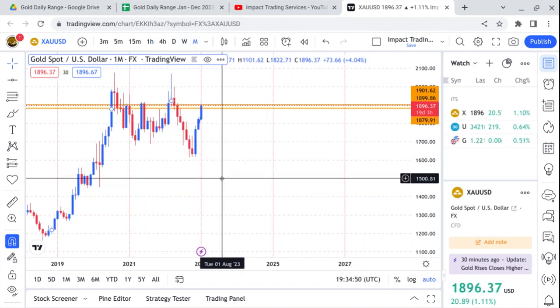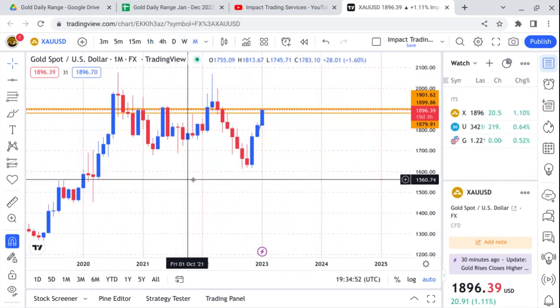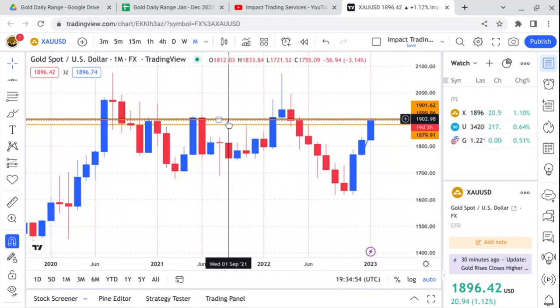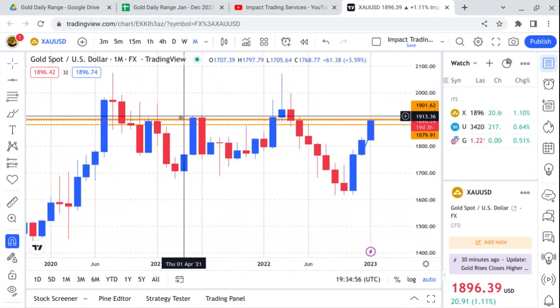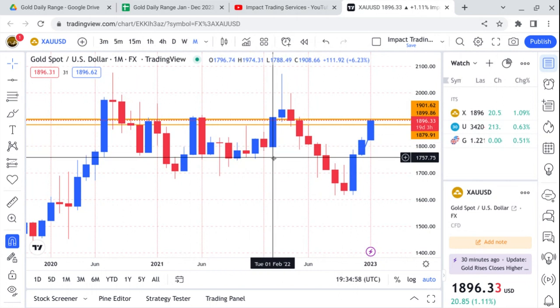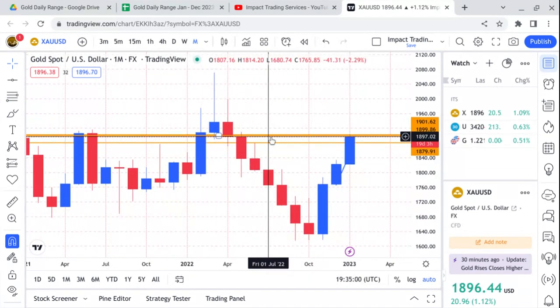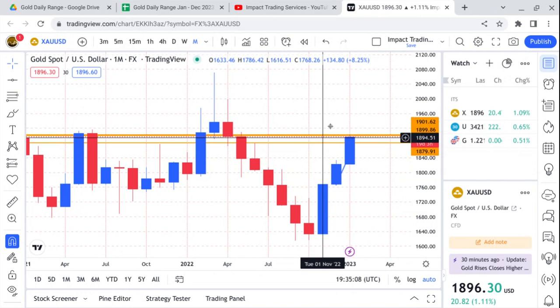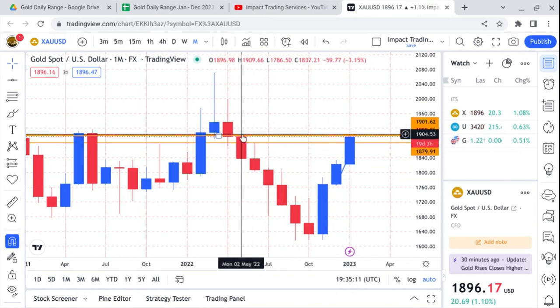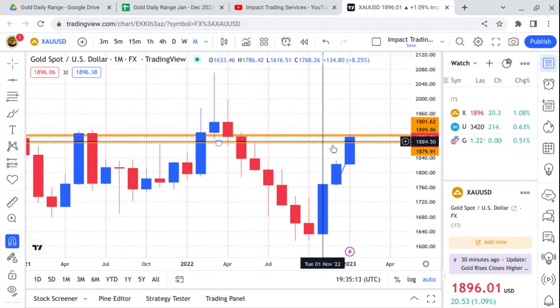We have a strong monthly area of resistance. Do you see all these monthly highs right here? We have monthly highs, monthly lows, monthly opens, and monthly closes. And this area now has become resistance once price reaches this area again. But we already have had that drawn on our chart.